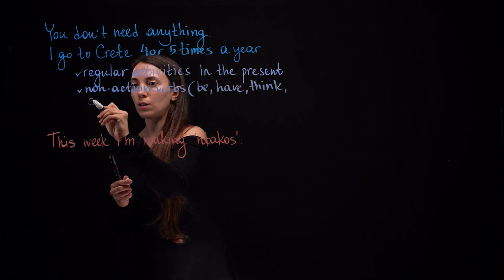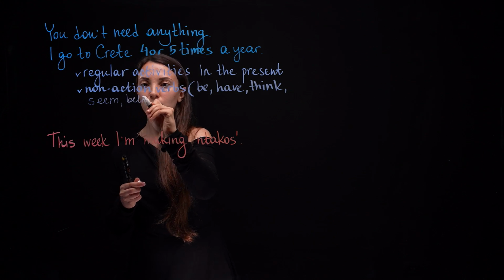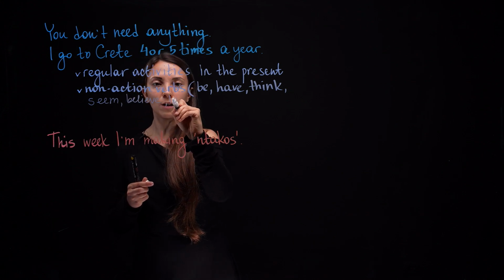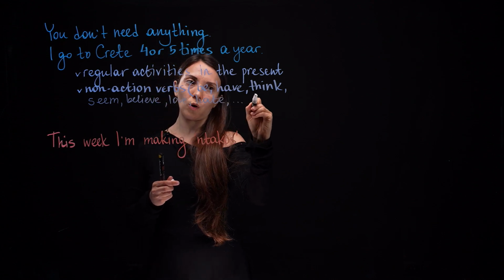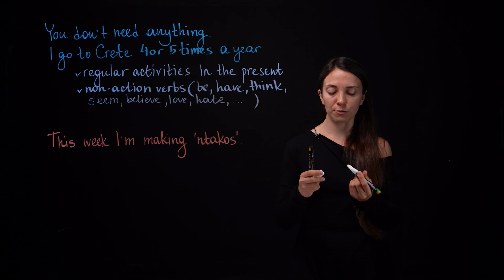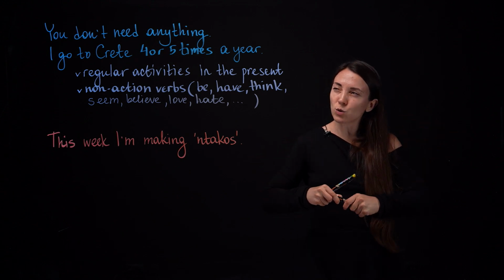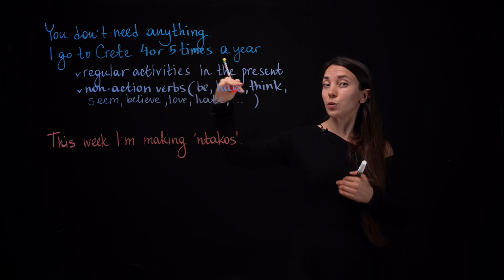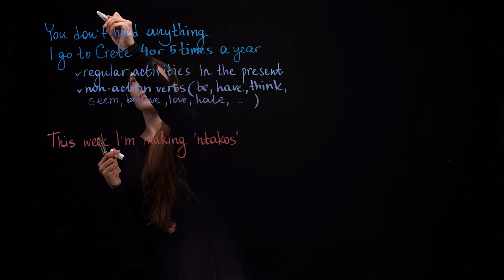Also, seem, believe, love, hate, and so on. There are a lot of non-action verbs when you can't actually see this action. That's why we will use present simple with these words. That's true.